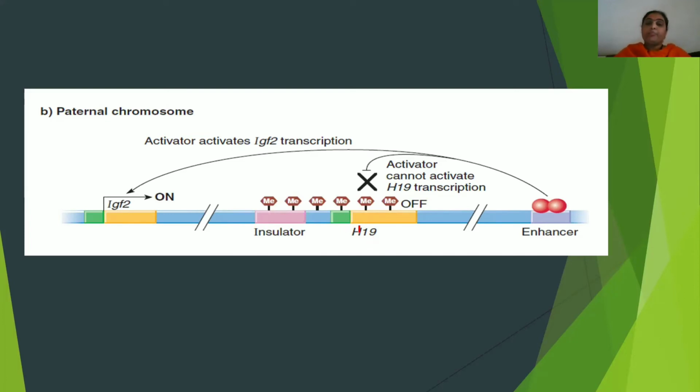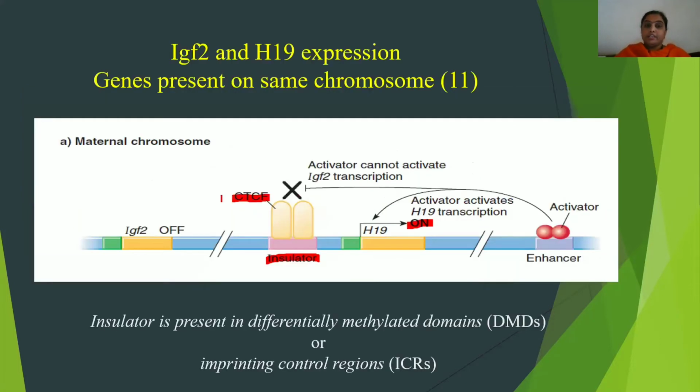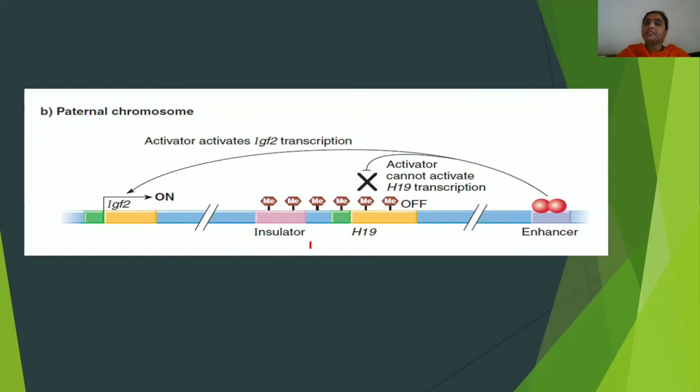So what is going to happen when there is a methylation over the insulator? The CTCF cannot recognize the insulator. So there is no binding of the CTCF to the insulator.